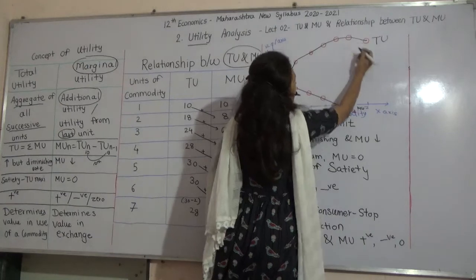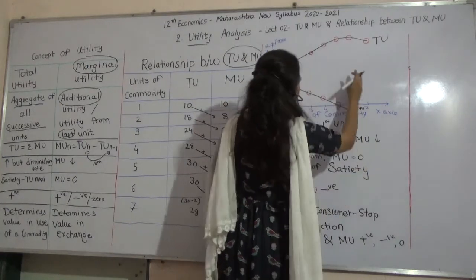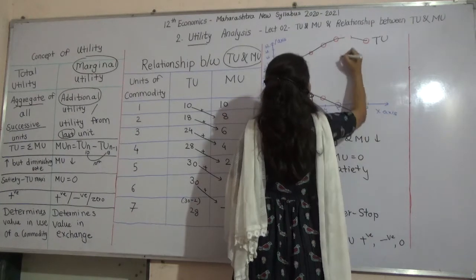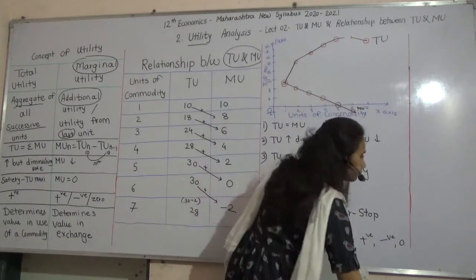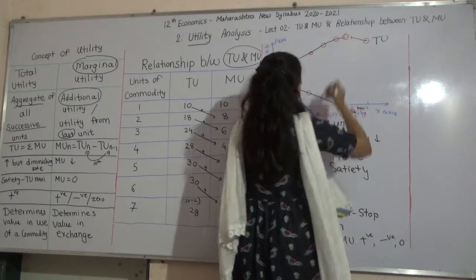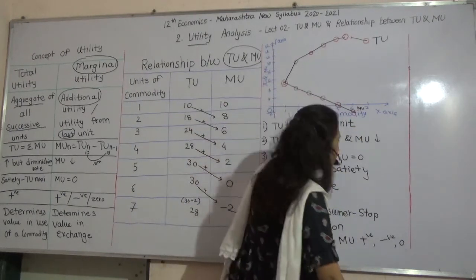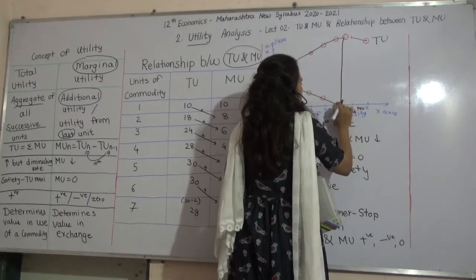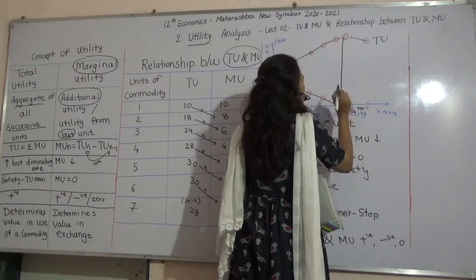Now this point, it should look like it should be here. When you join these points, it should come here.